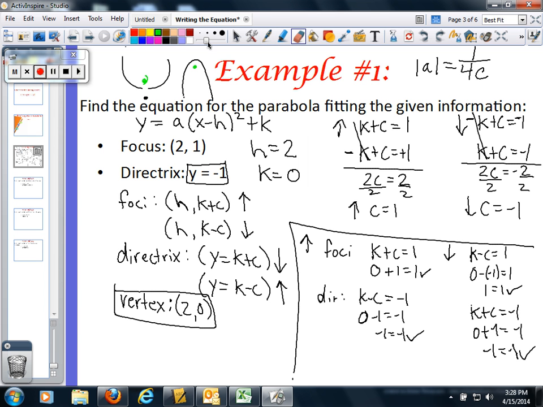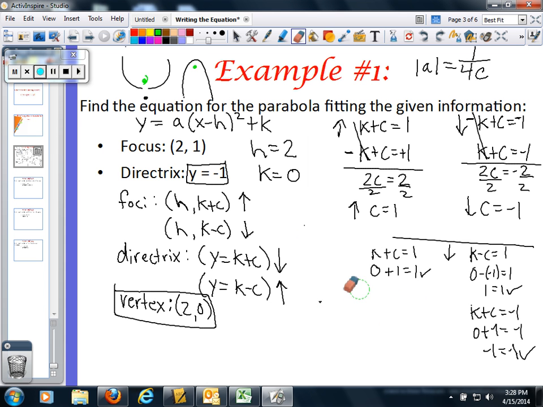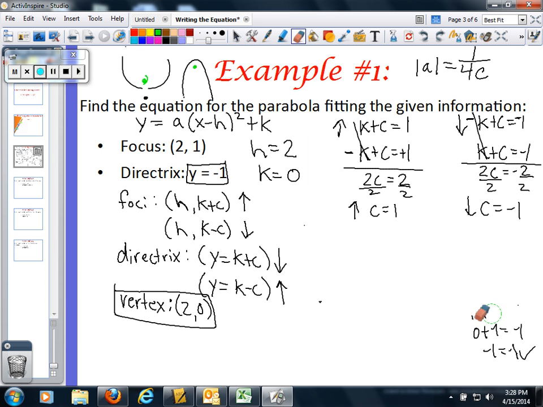Okay? So I showed you this to show you that when you're looking for your foci and your directrix, if you try to find C this way, it's going to actually give you the same information for all of it. So that's not going to work. You have to use the fact of where the foci is located to determine which one it's going to be.